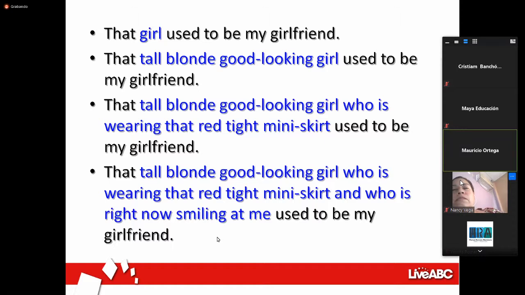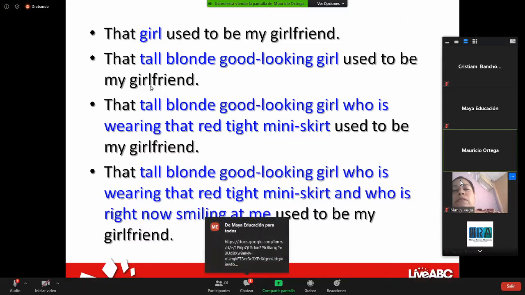The sentence "that girl used to be my girlfriend" is not the same as "that tall, blonde, good-looking girl," because here we're adding adjectives. I'm using this example because if you teach a lot of boys, this usually makes them pay attention. If I had girls in my class, I would have to use a different example, probably my brother, who's the handsome boy in the family.